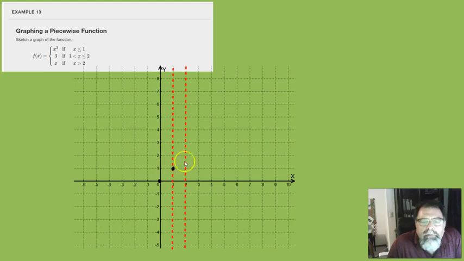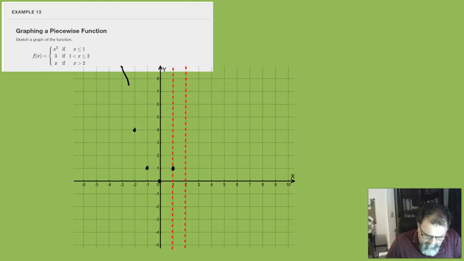Normally I would do 2, 4 and 3, 9, which are up there, and then the parabola will come around, negative 1, 1, negative 2, 4, negative 3, 9, which is up here. Now this one does have a solid dot because of the equal to. So basically you're going to have this parabola.